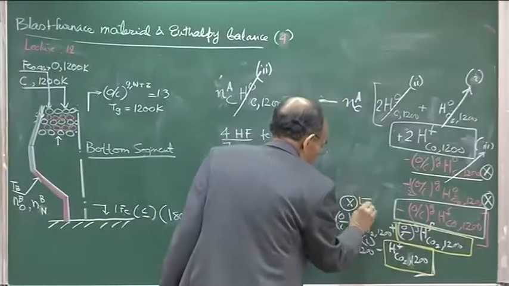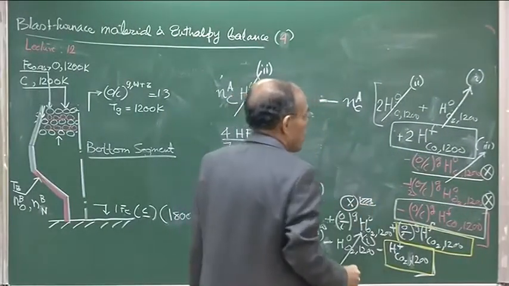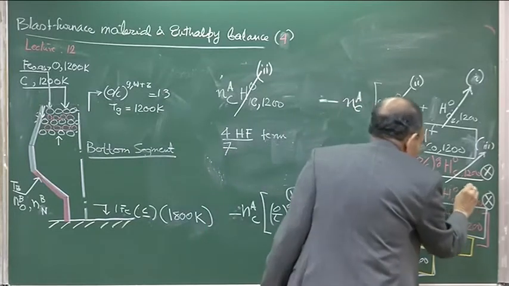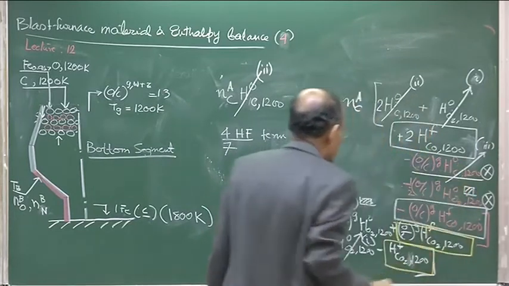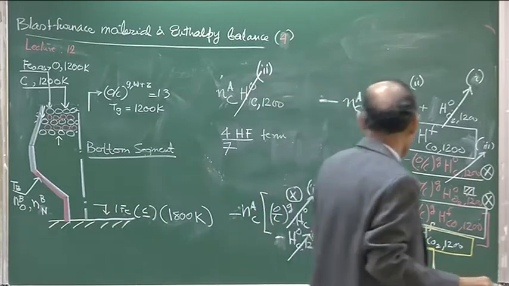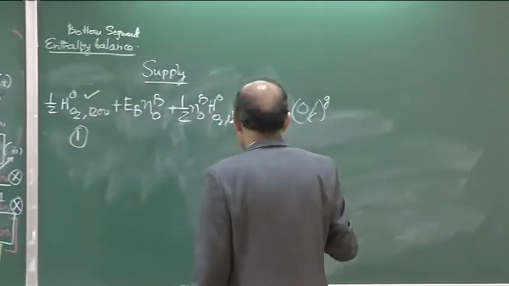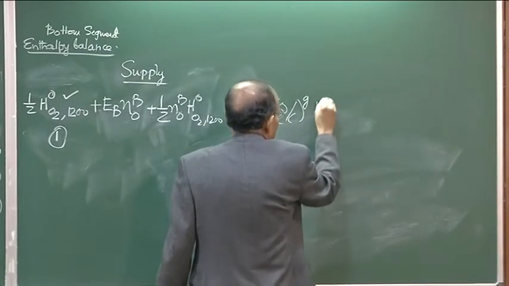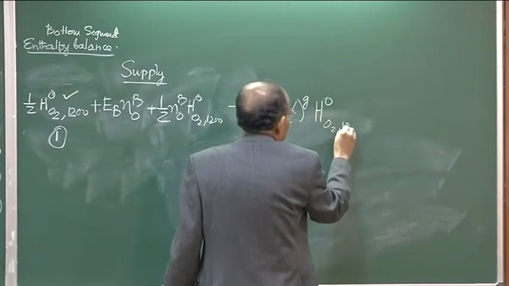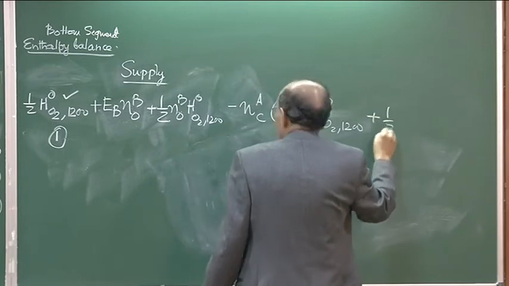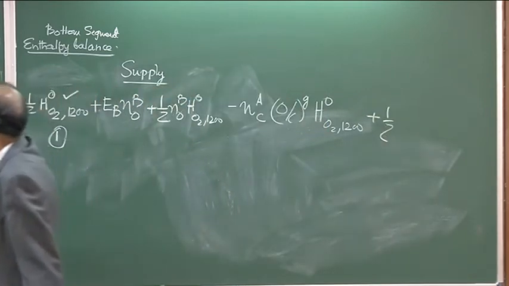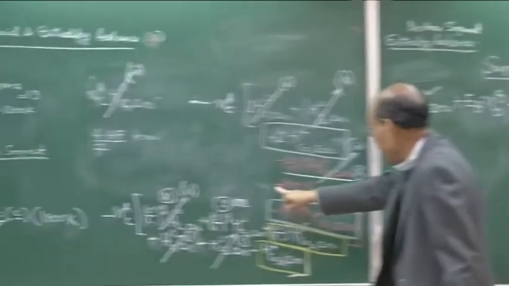Concentrate on this term and concentrate on this term, which are the remaining terms. Okay? And this term is going to be NaC, O by C, and HC, H naught 1200, oxygen 1200, and that term is plus because we have minus here. If you open it up, then this is a minus sign here.